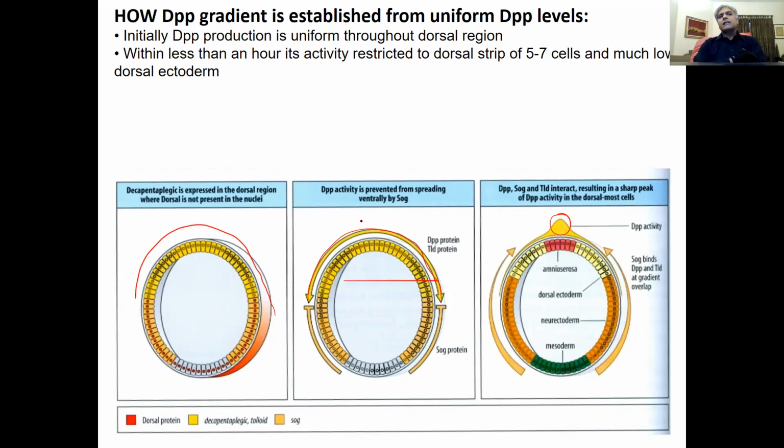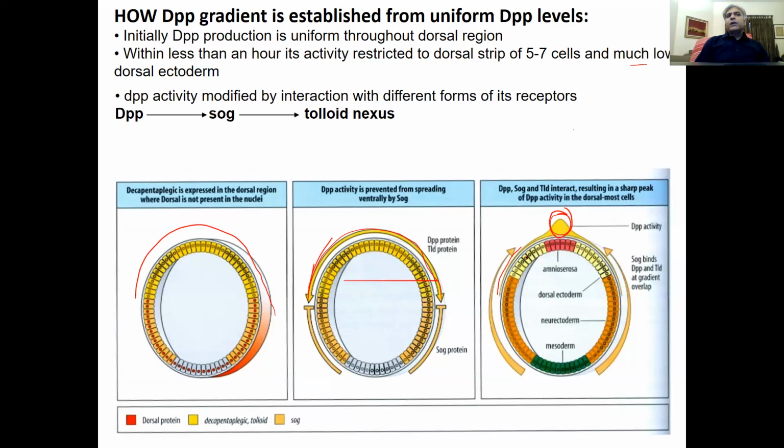So as I said, DPP is expressed uniformly in the initial few hours, but then within less than an hour, its activity is restricted only to a 5 to 7 cell strip, which is known as the amnioserosa, and it's much lower in the dorsal ectoderm. Initially it was the same, but now there is very little DPP in the dorsal ectoderm.